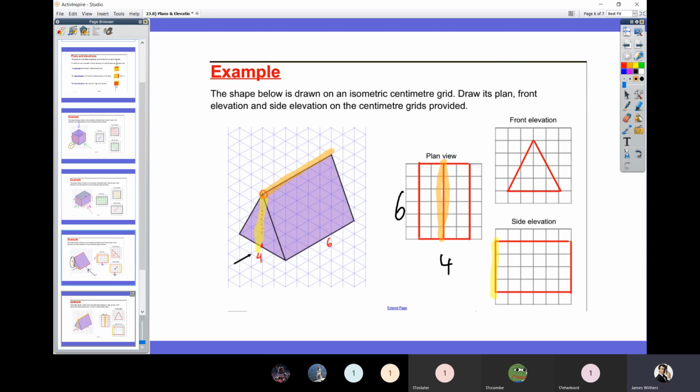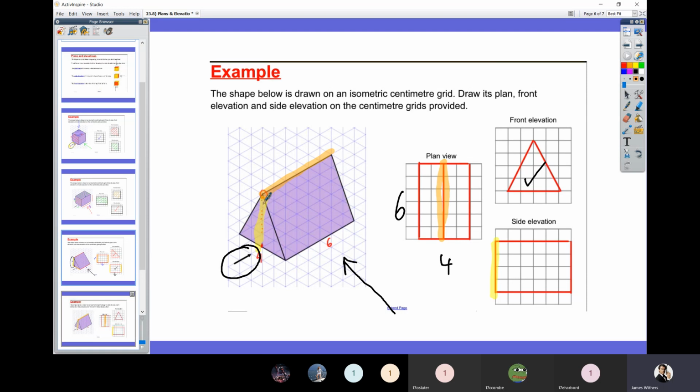I think the other two are pretty self-explanatory. Obviously, remember the arrow tells you what the front is. Looking from the front here, we would see this triangle. So that's easy. And looking from the side over here, you'd have a base of 6, and just be careful that it would all flatten backwards.